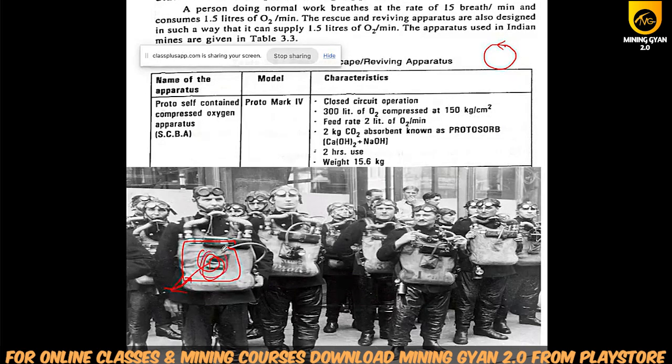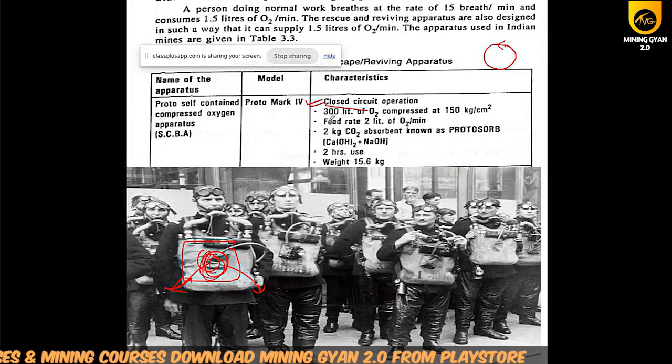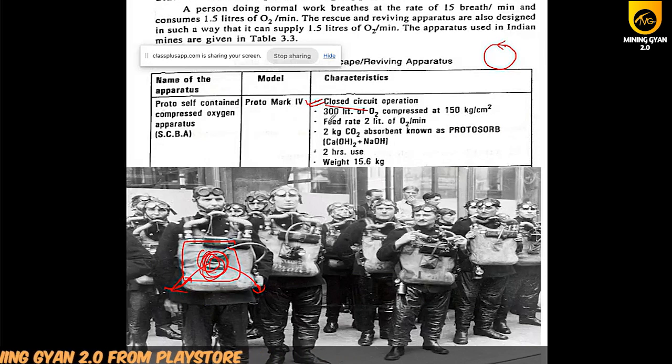It makes it inside, so sometimes it may be chemically formed, or sometimes it is stored in it. Some of the apparatus are open circuit, some of them are closed circuit. The proto self contained compressed oxygen apparatus is closed circuit, you just need to know.